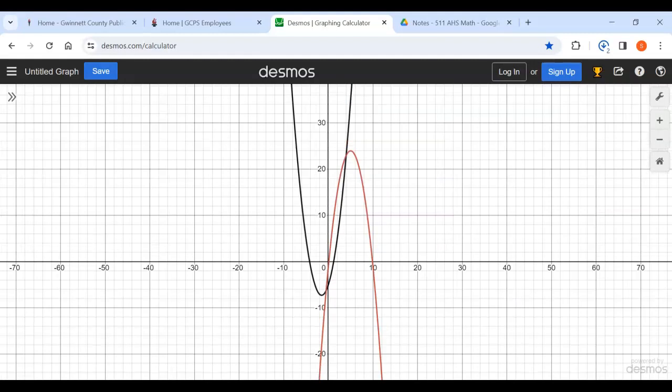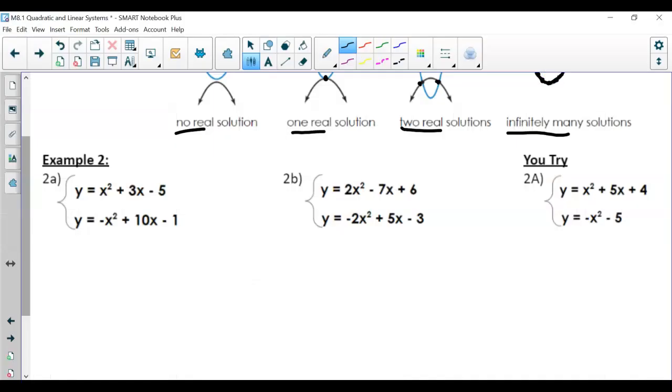Now I notice that there are 2 real solutions. Our graph is crossing at 2 points, here and here. So there are 2 real solutions at negative 0.5, negative 6.25, and at 4.23.